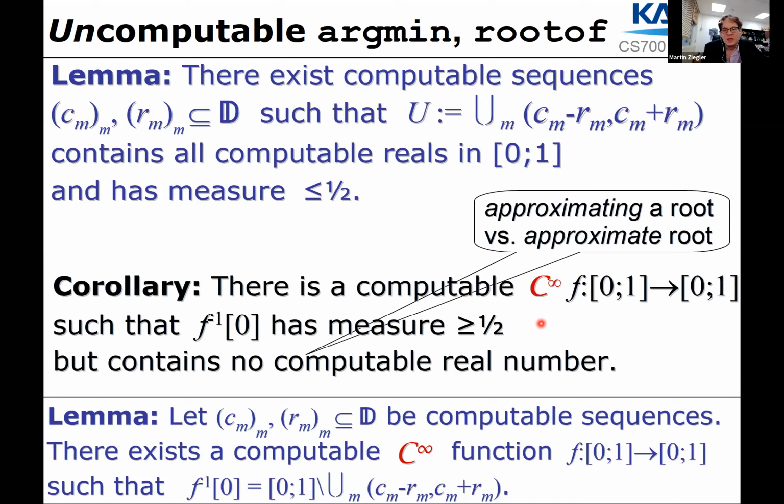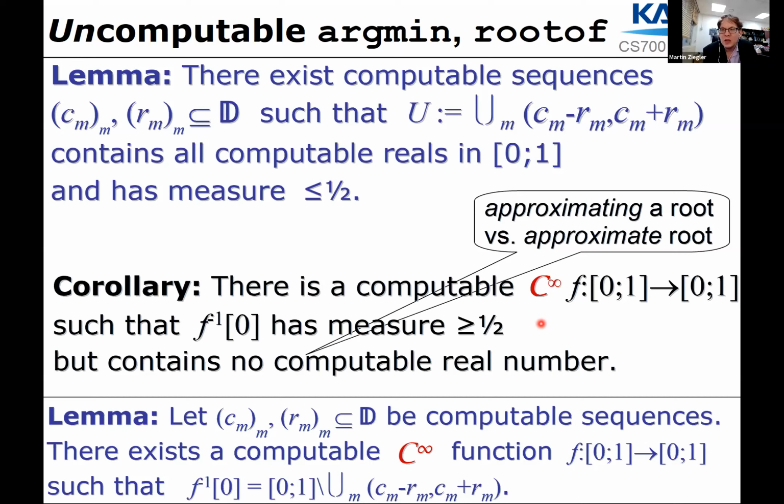And the difference is, as I said, approximating a root, which is the goal or the specification of the root of a function or the argmin function, versus computing an approximate root. So for every finite precision we can have an algorithm that outputs an approximation to some root, but when we increase the precision, that algorithm could return an approximation to a different root.